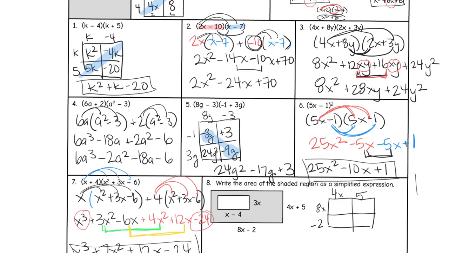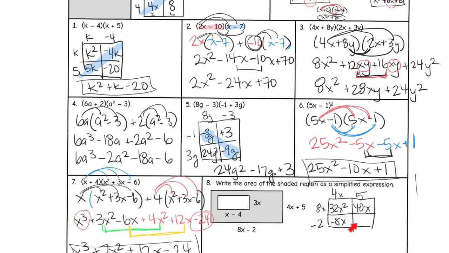When I multiply the first square, I will get 8 times 4 is 32, and x times x is x squared. In my next box, 4x times negative 2 gives me negative 8x. 8x times 5 is going to be 40x.